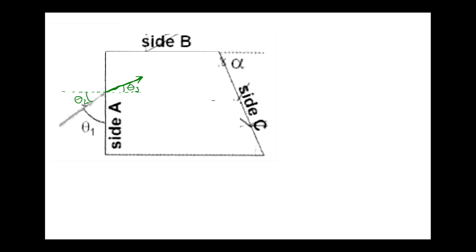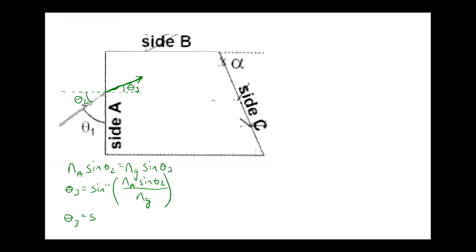So we're going to start by trying to find the new angle as it enters the glass. We'll use Snell's law for that. N sub A times the sine of theta 2 equals N sub G times the sine of theta 3, and we're going to solve that for theta 3. Theta 3 is going to be the inverse sine of N sub A sine theta 2 over N sub G. At least this time, I'll plug the numbers in to make sure we're all on the same page.